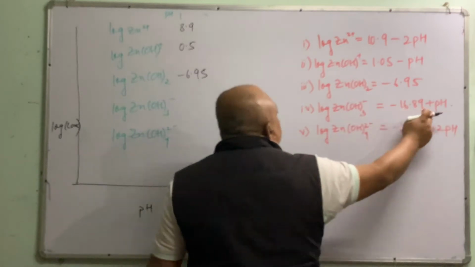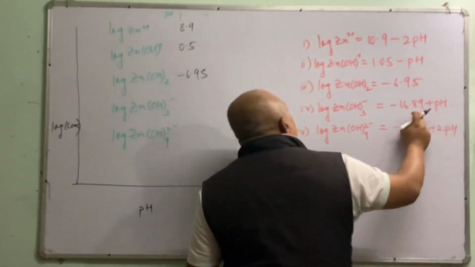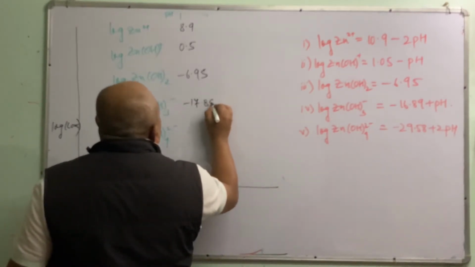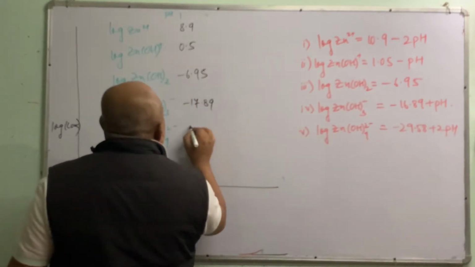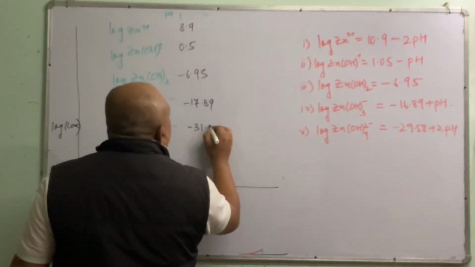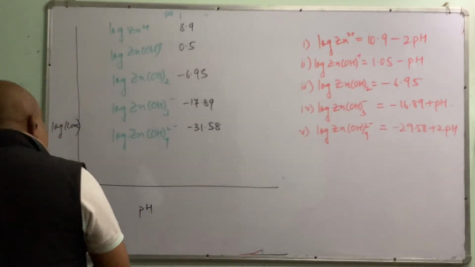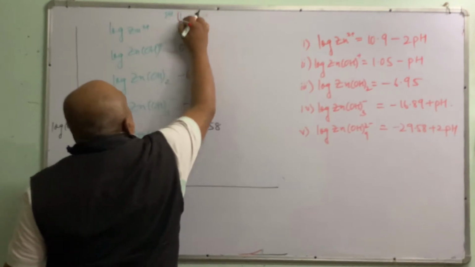This is at pH 1, minus 17.89 plus 1, so minus 16.89. This one will be minus 31.58. If you got what I'm saying, this is at pH equal to 1.